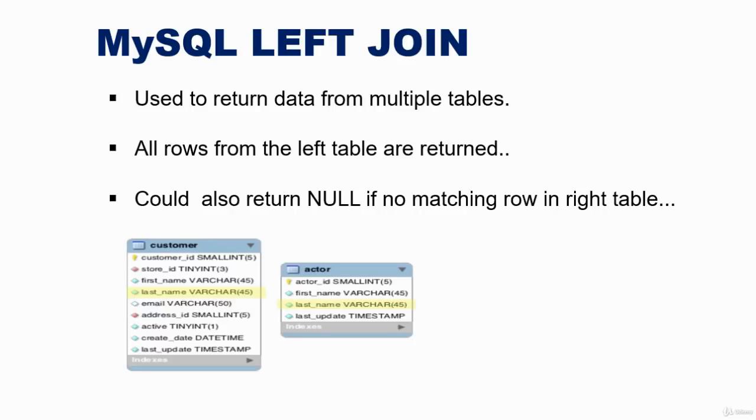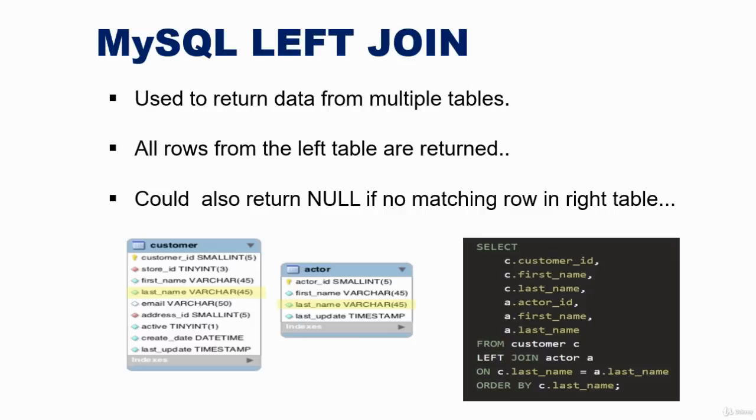To achieve that, we'll need to write a query like this. So we'll do a select using aliases here. So we've got c.customer_id, c.first_name, c.last_name, a.actor_id. The C there stands for customer, and then the A is an alias for actor.